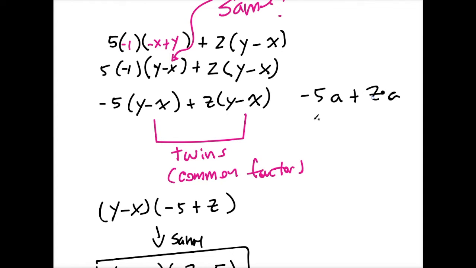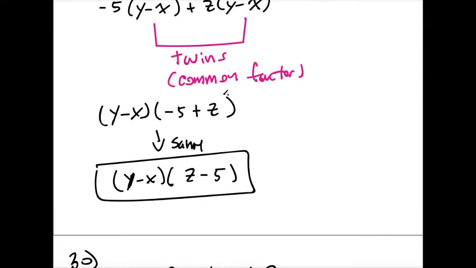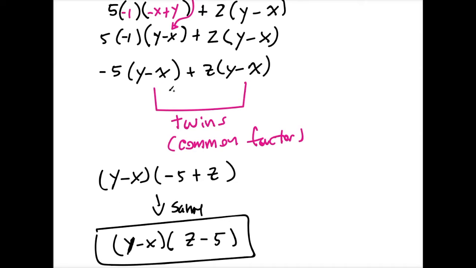How do I factor that? Well, I pull out the A, then I end up with -5 plus Z, right? So A times -5 is -5A, and Z times A is ZA. All right, so that's what happened right here. Got my twins, and then I popped out the A basically.